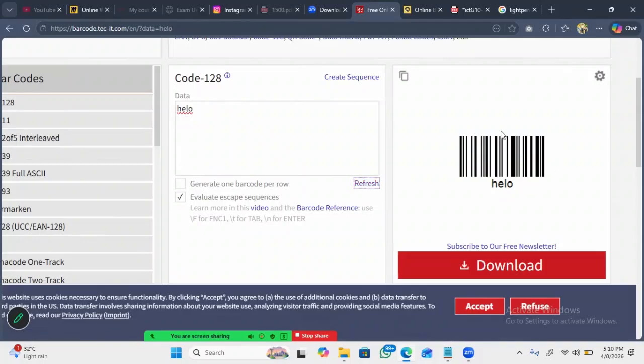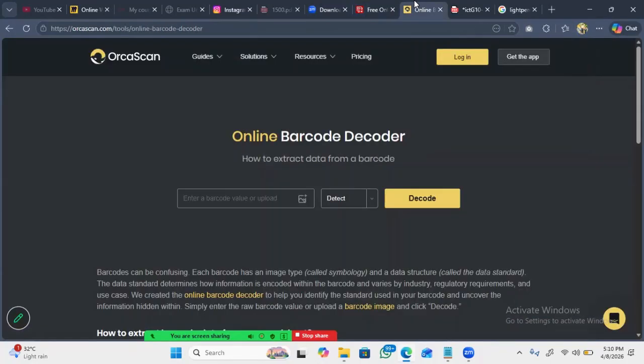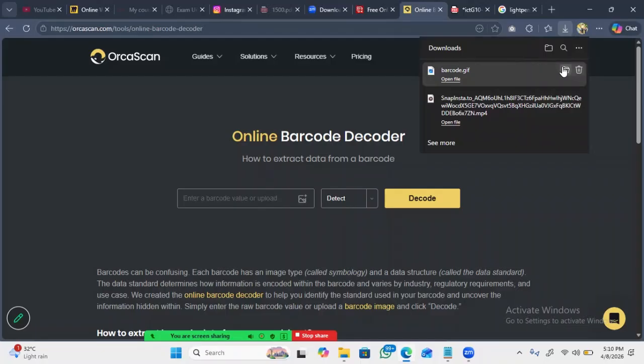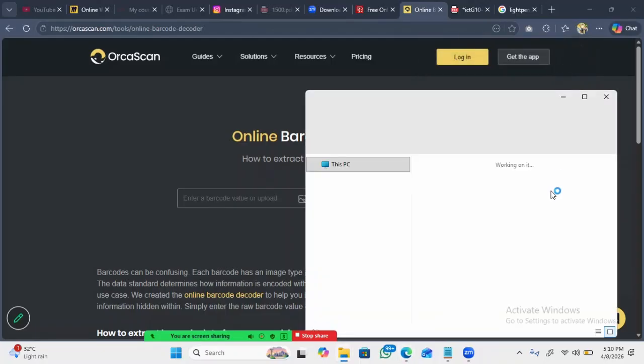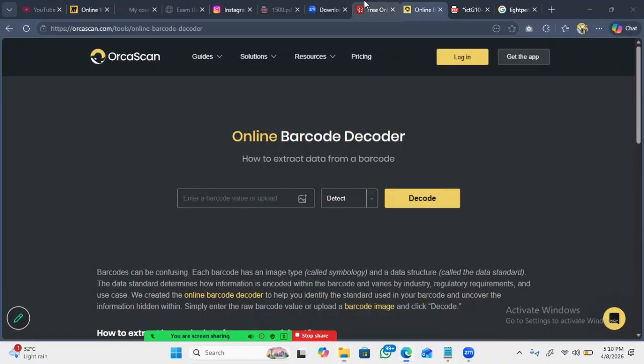See, when I'm typing and if I refresh, the barcode is changing. And you can save this as an image. You can download this as an image. You can upload it here. This is another website.